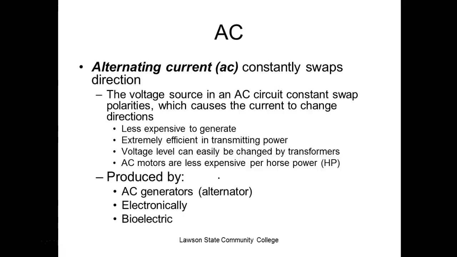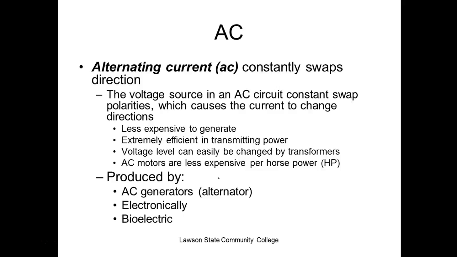Alternating current constantly swaps direction. The voltage source in AC constantly swaps polarity, which causes the current to change direction. The big advantage of AC is it's less expensive to generate. It's extremely efficient to transmit power. We can change the level of the voltage by using transformers.